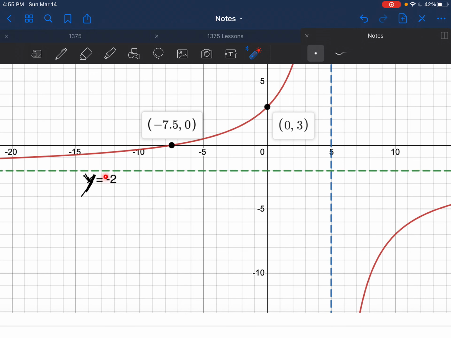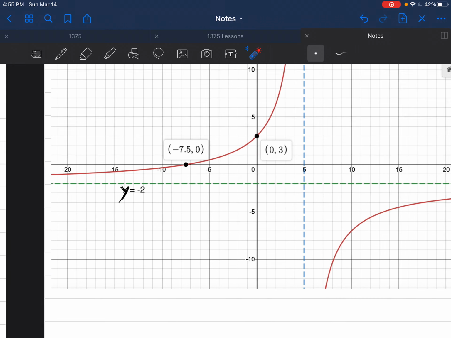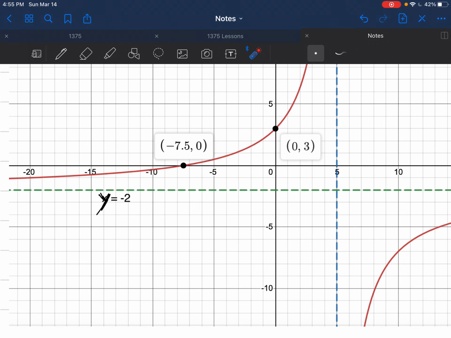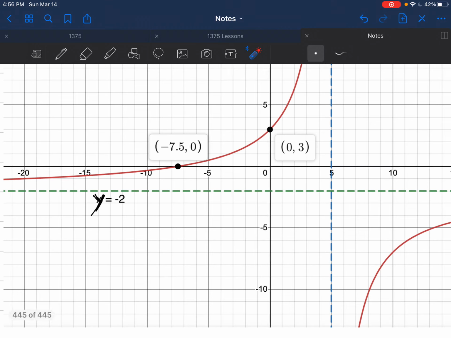So this is y equals negative 2, which represents this red dotted line, because it goes through y equals negative 2. And what I'm saying about an asymptote is, if you zoom this out, then you can see that this curve will approach this y equals negative 2 value, but it will never actually reach it.